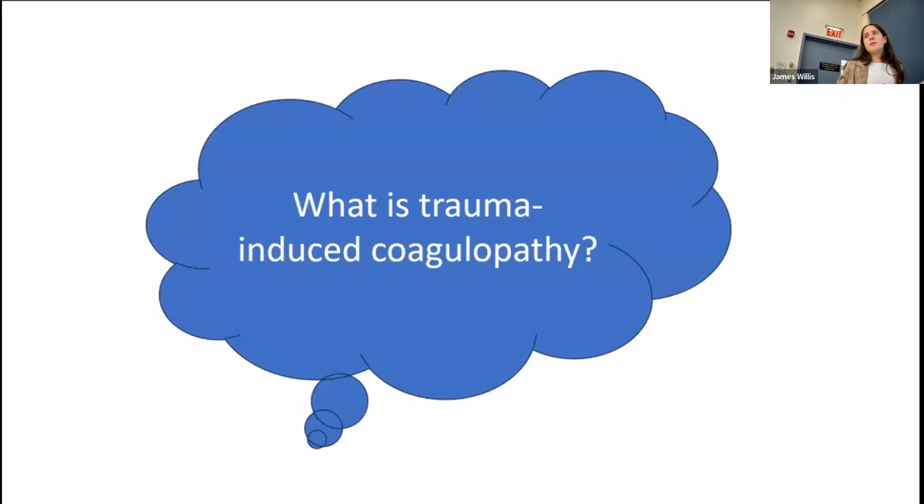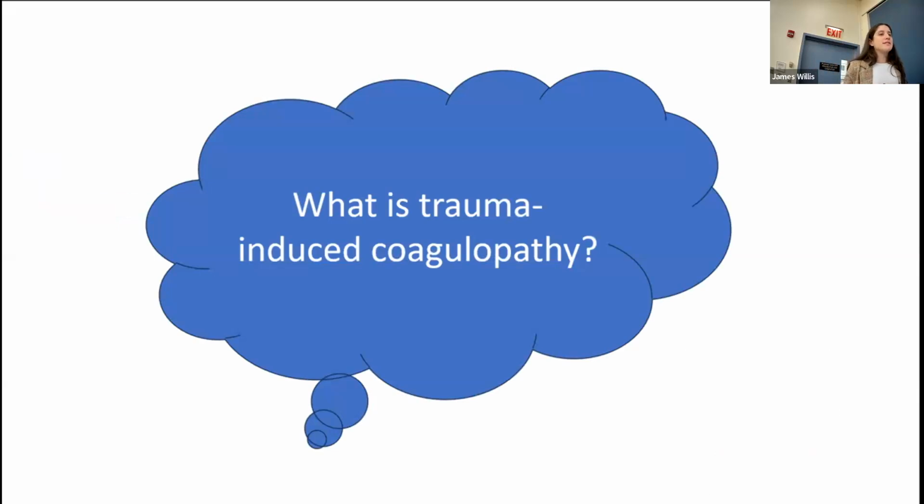I'm sure some of you are familiar with something called trauma-induced coagulopathy, abbreviated TIC. How does our normal coagulation cascade get disrupted with trauma when we have a patient coming in with hemorrhagic shock? Some of the defining features of TIC are a hypocoagulable state as well as a hypercoagulable state.